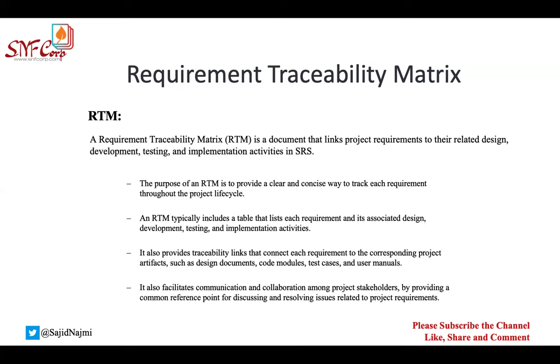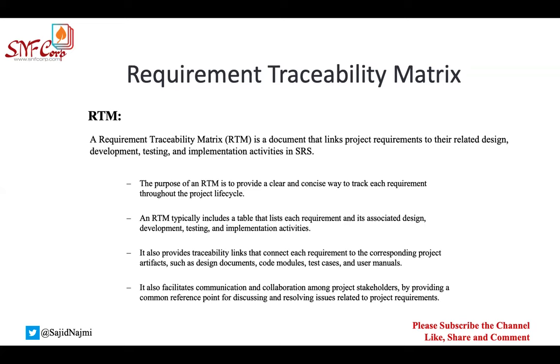So the one document that you have created, you call it an RTM, which will be a pure Excel document for you. And the other document you have created is a detailed technical explanation of all the requirements that you have captured, and that will be used by your development team, who will actually write code and develop the software.